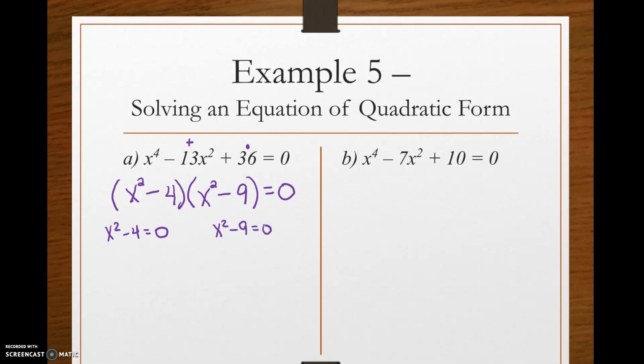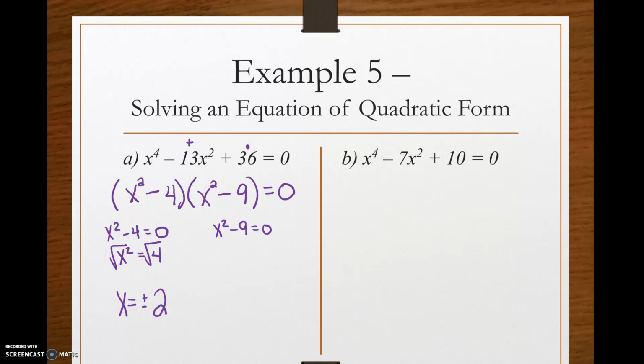These are kind of like the first example we did, except not negative. Add 4 to both sides. We've got x squared equals 4. Square root. What's the square root of 4? 2. What do we have to put in front? Plus minus. So 2 of our solutions are 2 and -2.